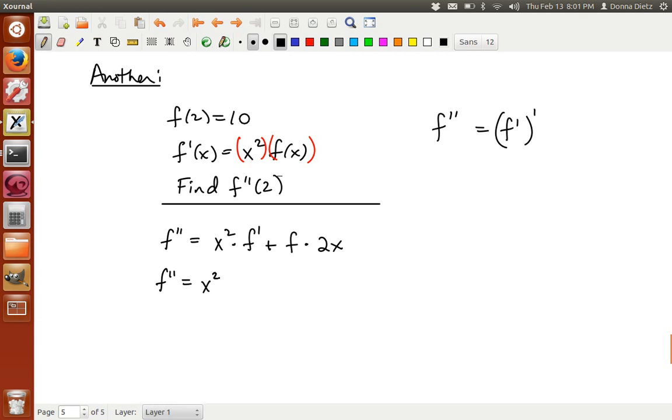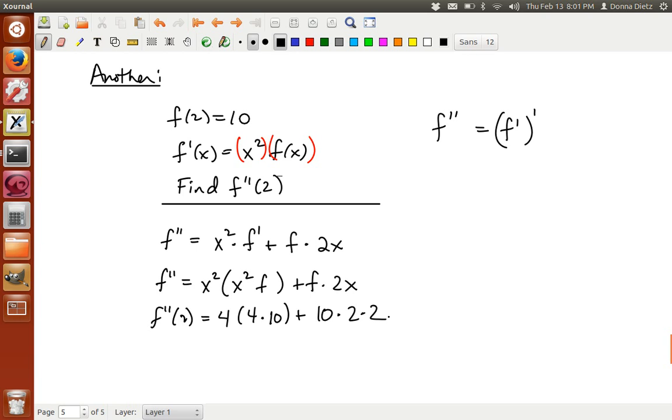It's x squared, and we already know what f prime is, x squared f, and then f times 2x, and it's going to be f double prime of 2, so you're going to get 4, f of 2 is 10, f of 2 is 10, 2 times 2. And all that stuff, we put it together, we get 160 plus 40 is equal to 200.